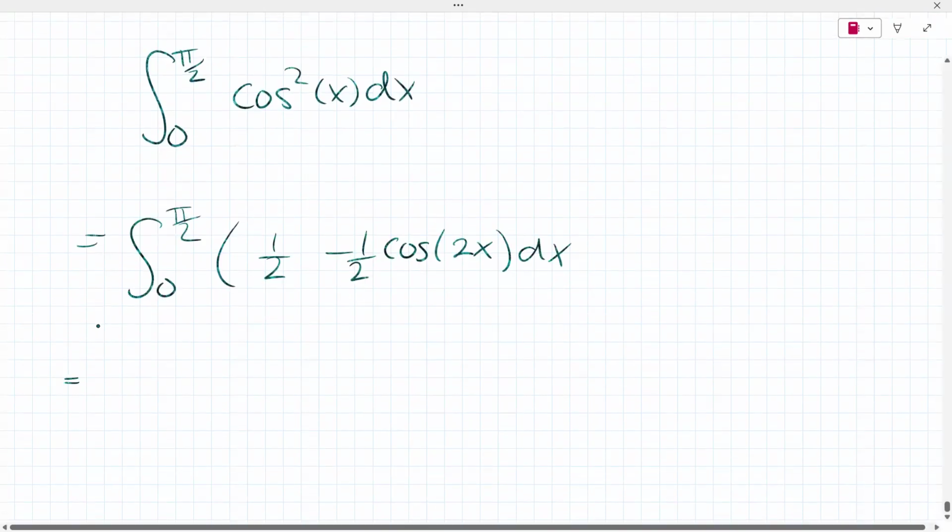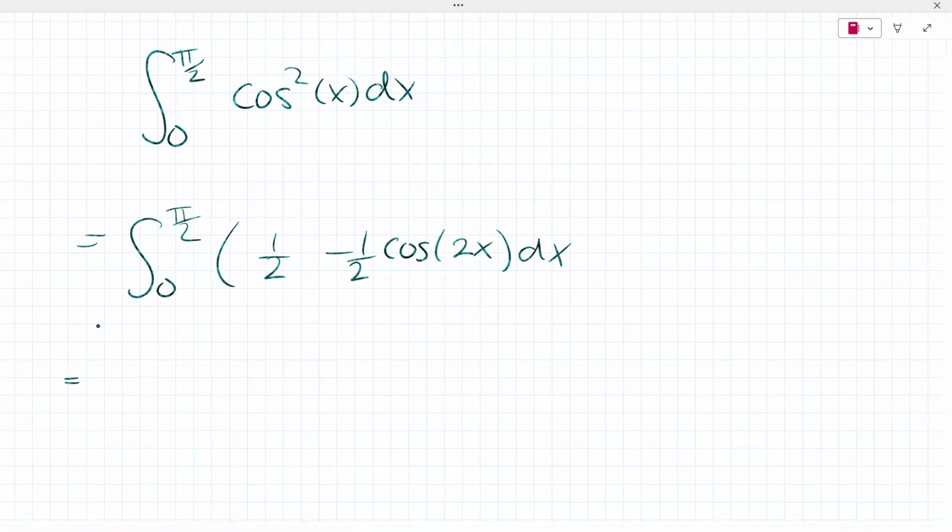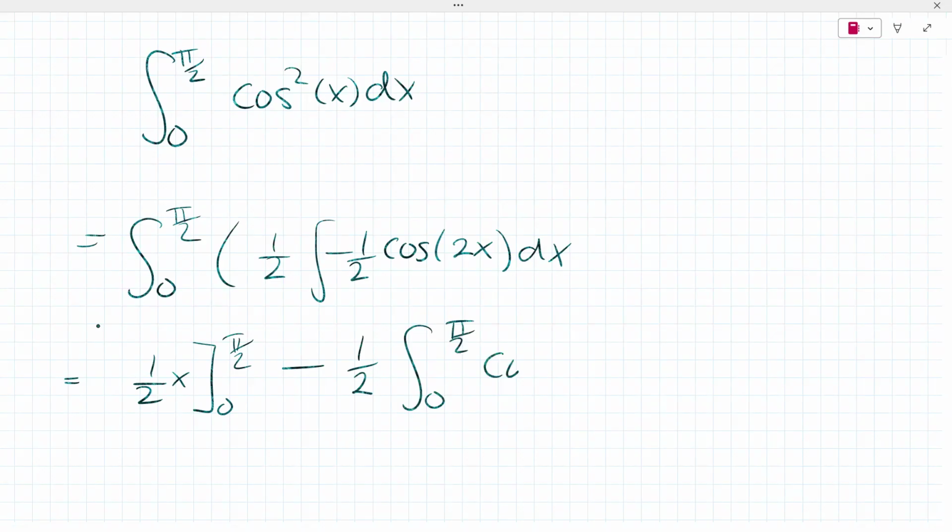That's perfectly fine. So what's the integration of 1/2? It's 1/2 x. And then don't forget you have boundaries, minus. If you take the integration of this, you could factor out that constant 1/2, and then you have cosine of 2x dx.